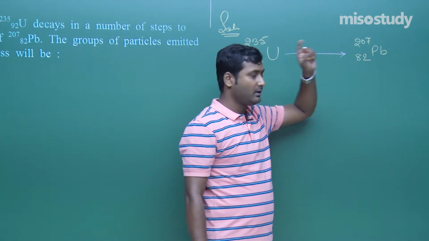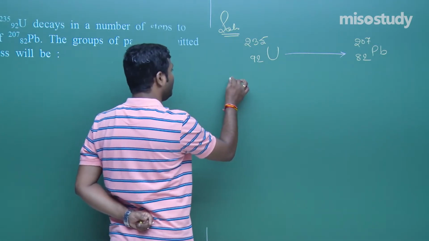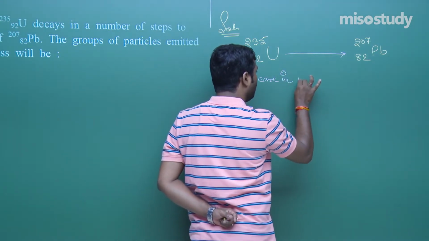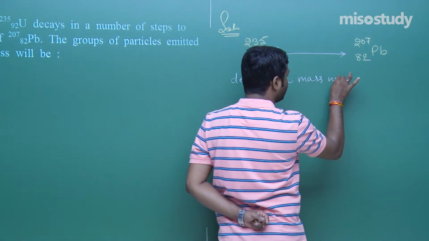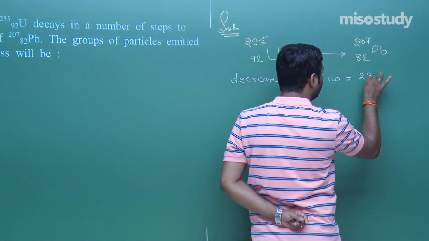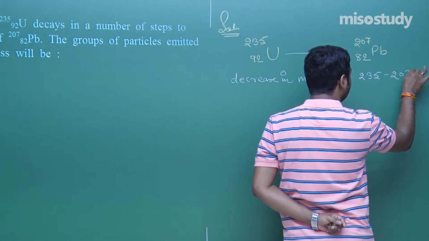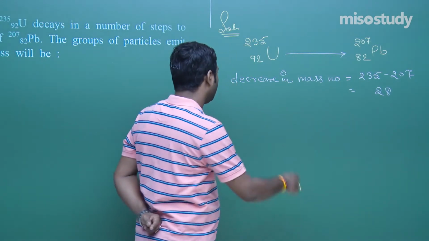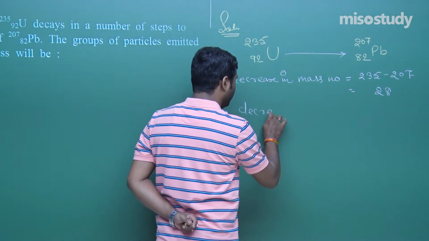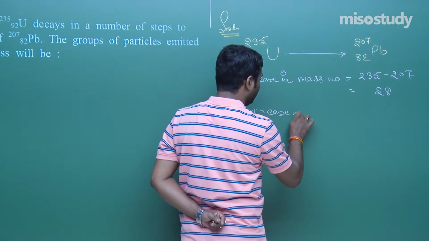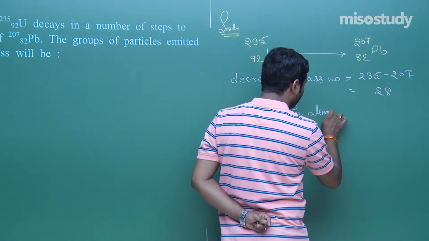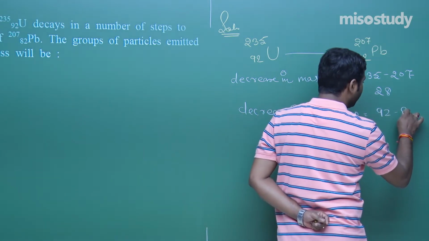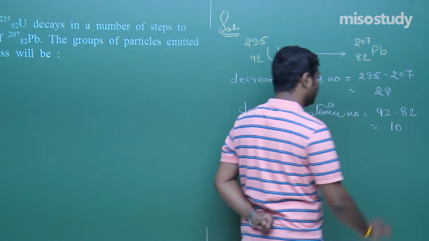Now first of all, what to do? Find out the decrease in mass number. What is the decrease in mass number? 235 minus 207, that is 28. Good. Now the decrease in atomic number is equal to 92 minus 82, that is equal to 10. Am I right?